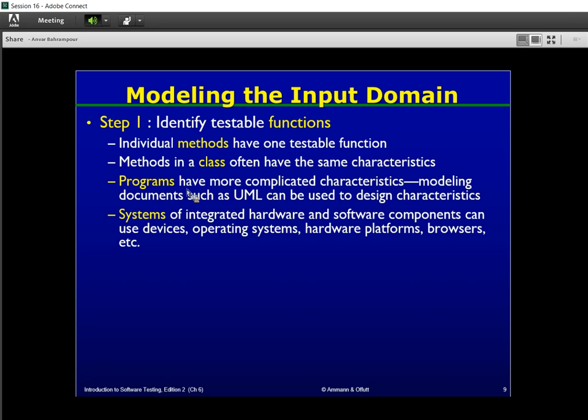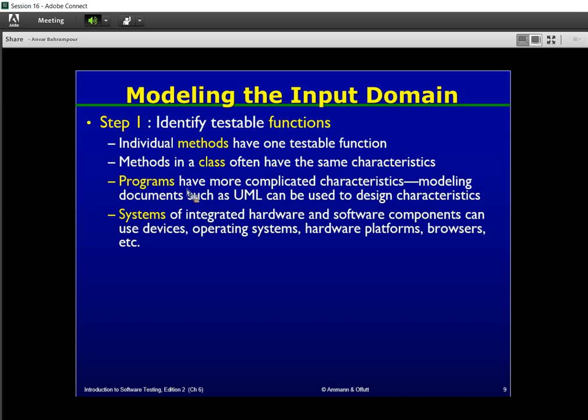Modeling documents such as UML can be used to design characteristics. This says that several characteristics should be considered in domain space partitioning when we use it in black box testing.